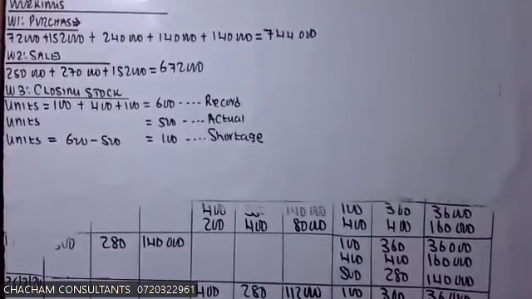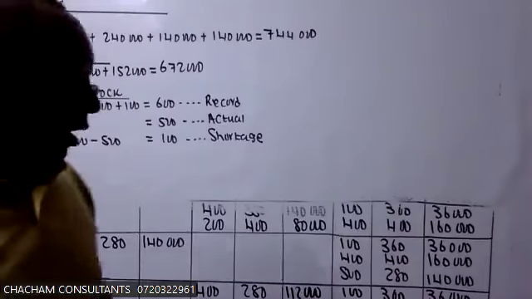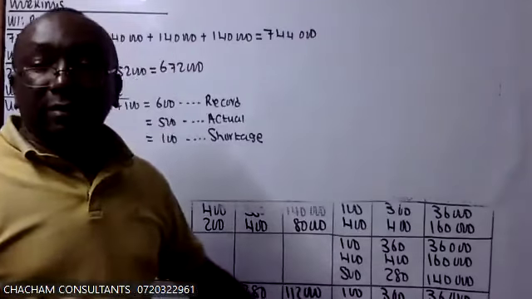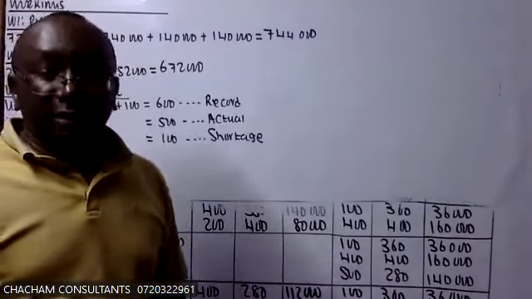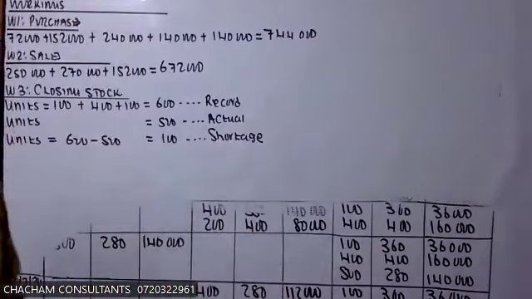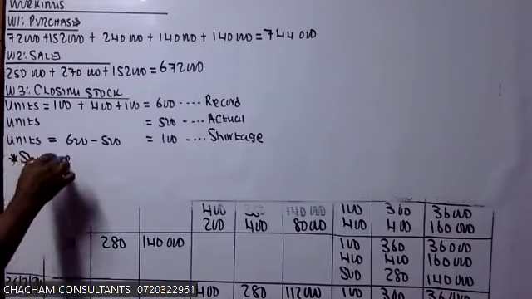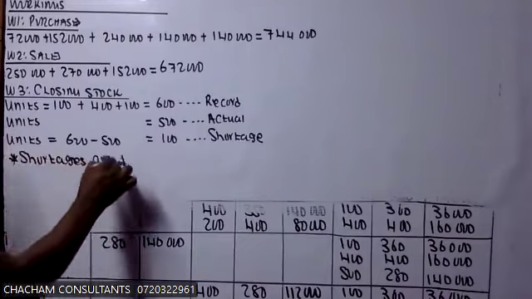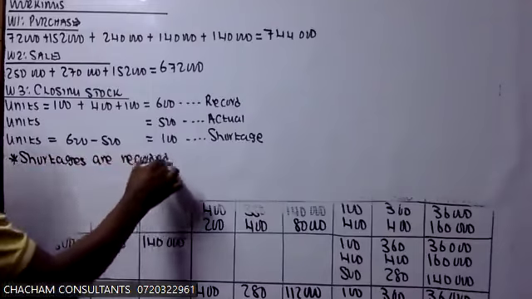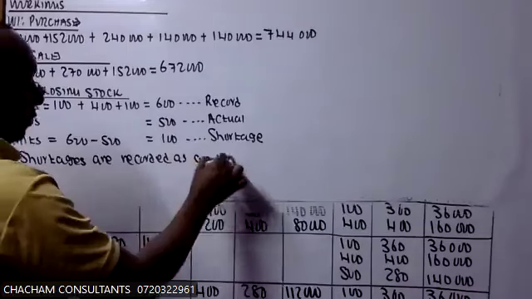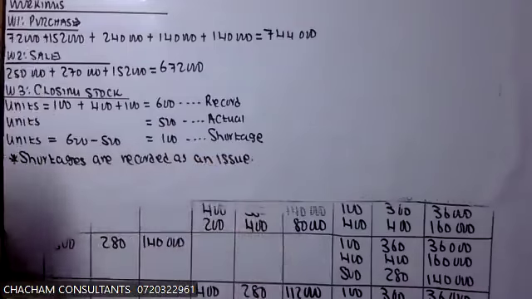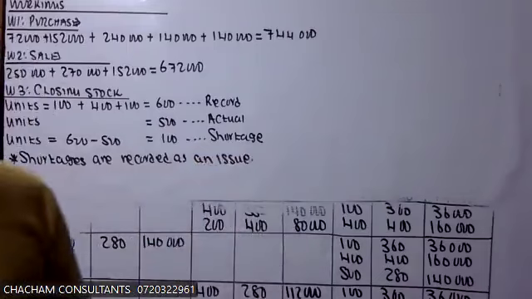So what we needed to do, if you have space, is to come and adjust here, but if you don't, you can just adjust here and say shortages are recorded as an issue.